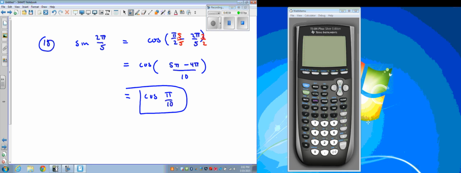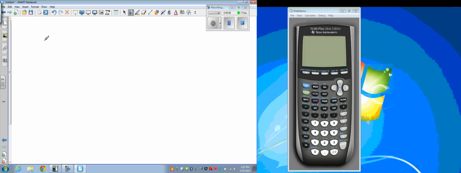Okay, we've got cosecant of negative 14 degrees, 24 minutes. So cosecant's cofunction is secant, and it's 90 minus a minus 14, so plus 24 minutes.